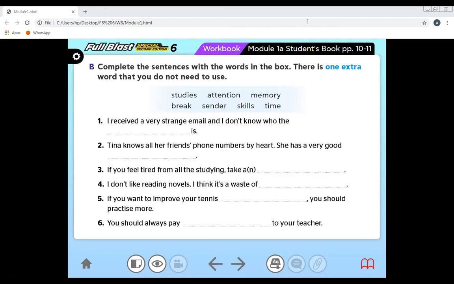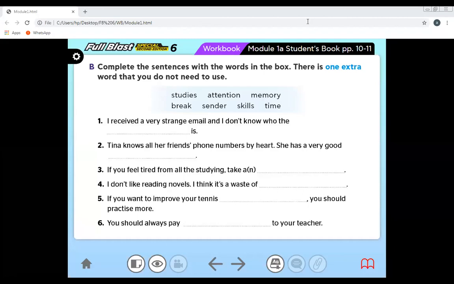Furat Omar. Yes, Furat. Can you read number 5? The weather was getting worse by the minute, so we decided not to go out.